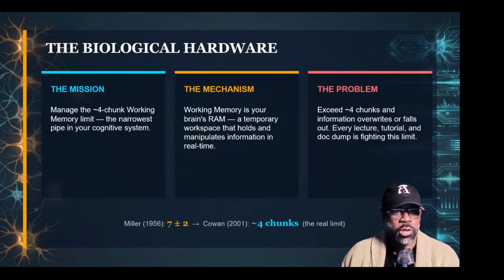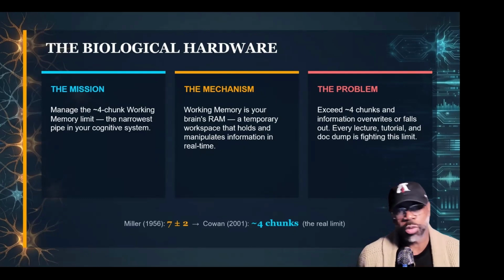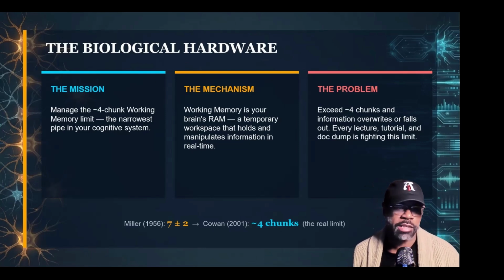The working memory can be broken down into the biological hardware of the working memory, and we're going to relate it to RAM, or random access memory, for all of my tech geeks out there. The mission today is to manage that 4 chunk working memory limit, the narrowest pipe in your cognitive system.